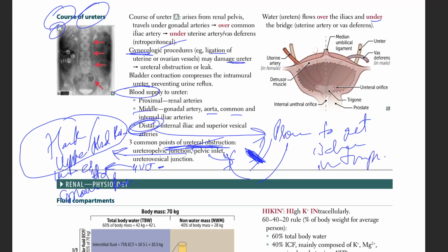So in kidney transplant, the failed kidney is left in place, and the donor kidney is placed retroperitoneally in the right iliac fossa by anastomosing the donor's kidney renal artery to the patient's external iliac artery. The proximal part of the donor's ureter will be fine.